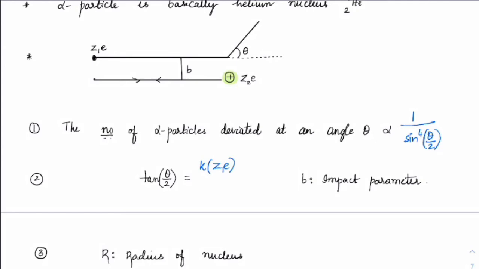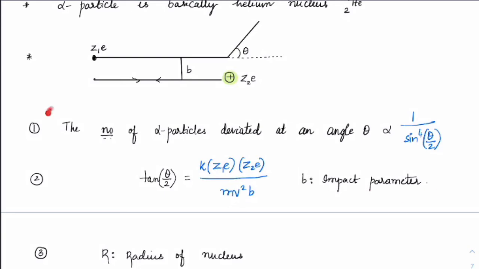Got it? And Z2 is the atomic number of that nucleus, e is the charge of that nucleus. So Z1 e times Z2 e divided by mv square into b. So b is this distance between that head-on line and the scattering line, and that is called the impact parameter.